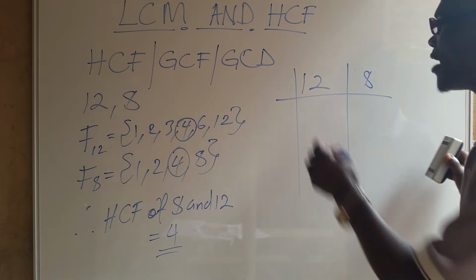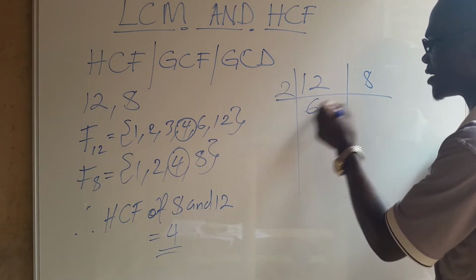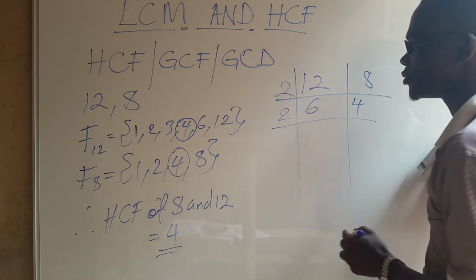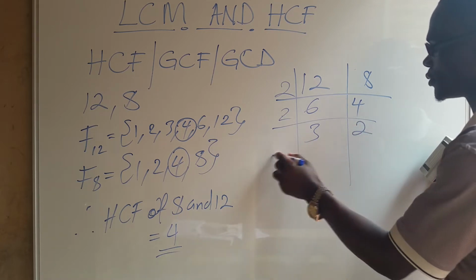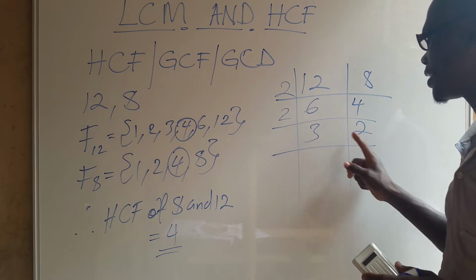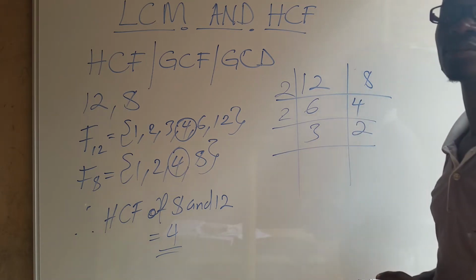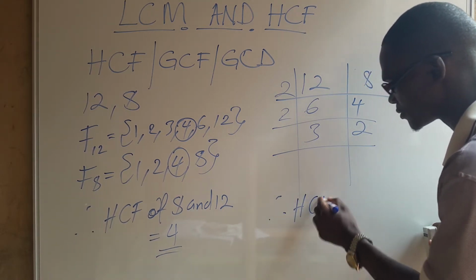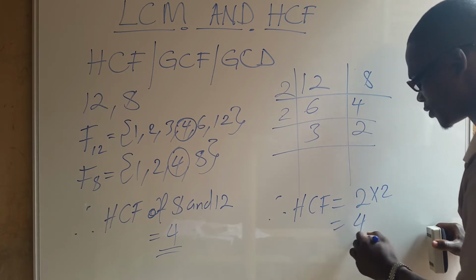That is to say, we have a 2. A 2 divides both to give us 6 and 4. Still we have a 2 which reduces 6 to 3, 4 to 2. We have no other factor that can reduce 3 and 2. Therefore, we stop there. And our HCF will be 2 times 2, which is a 4.